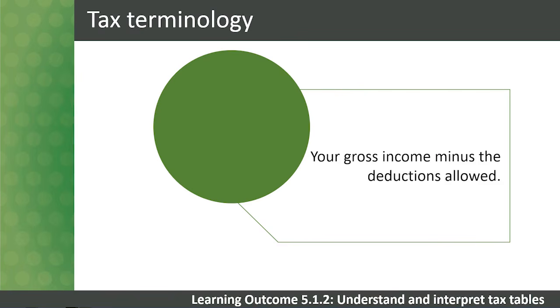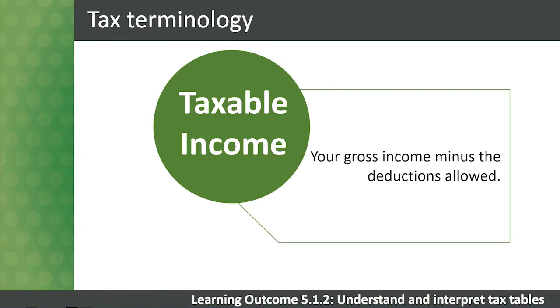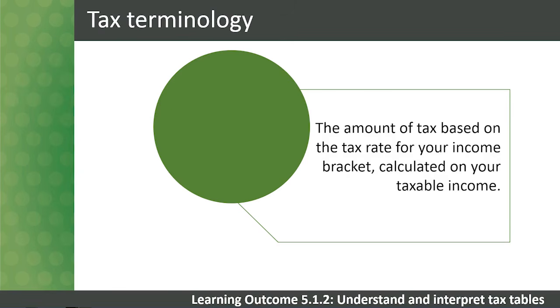Your gross income minus the deductions allowed. Taxable income. The amount of tax based on the tax rate for your income bracket calculated on your taxable income. Tax payable.